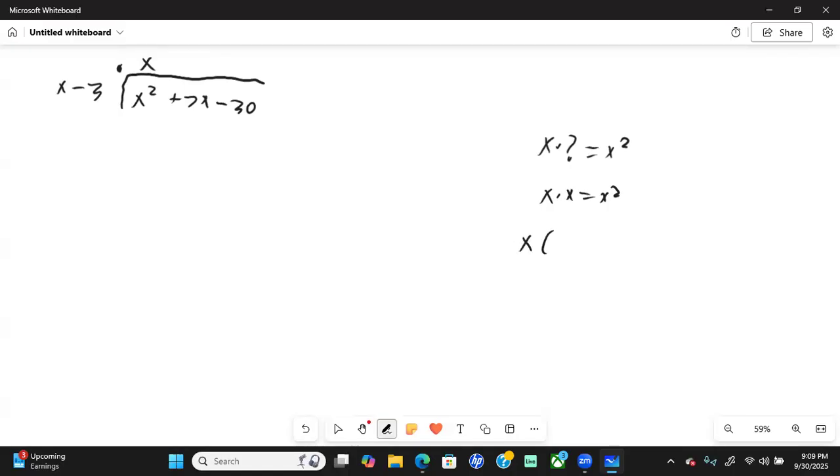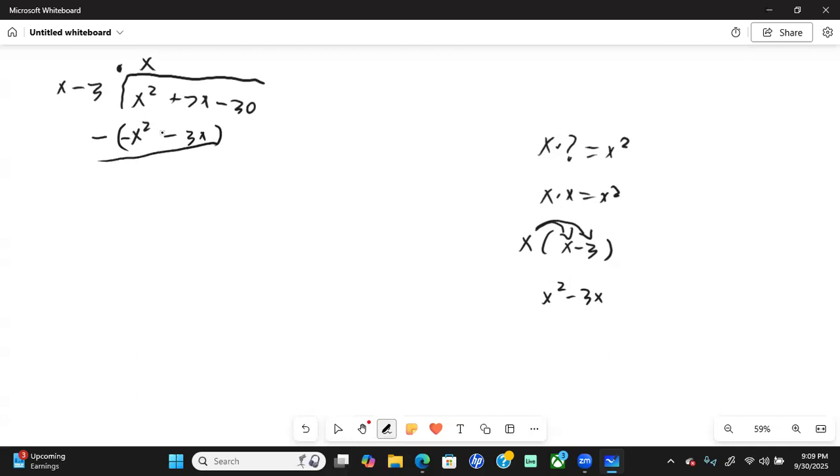X times x minus 3. This distributes. That gives me x squared minus 3x. So I put x squared minus 3x here. And remember, I am subtracting this.